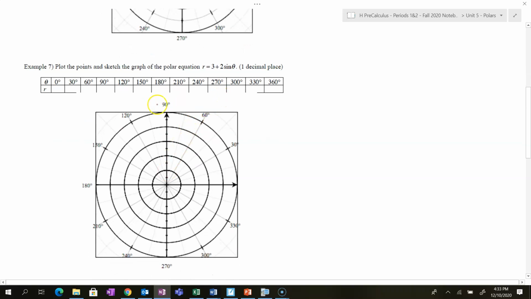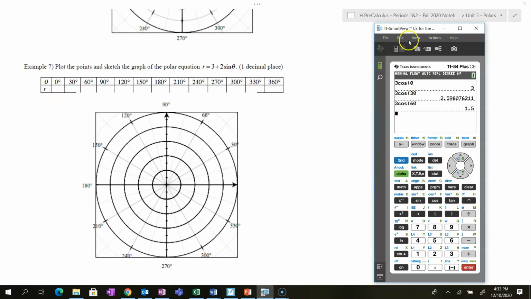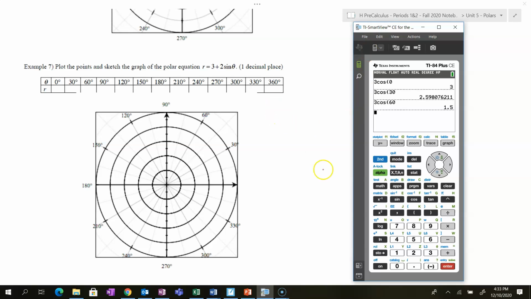So example 7, this one is 3 plus 2 sine theta, and it's got the same table, same setup. So all we have to do then is plug it in. So we would do 3 plus 2 sine 0, and that's going to be 3.